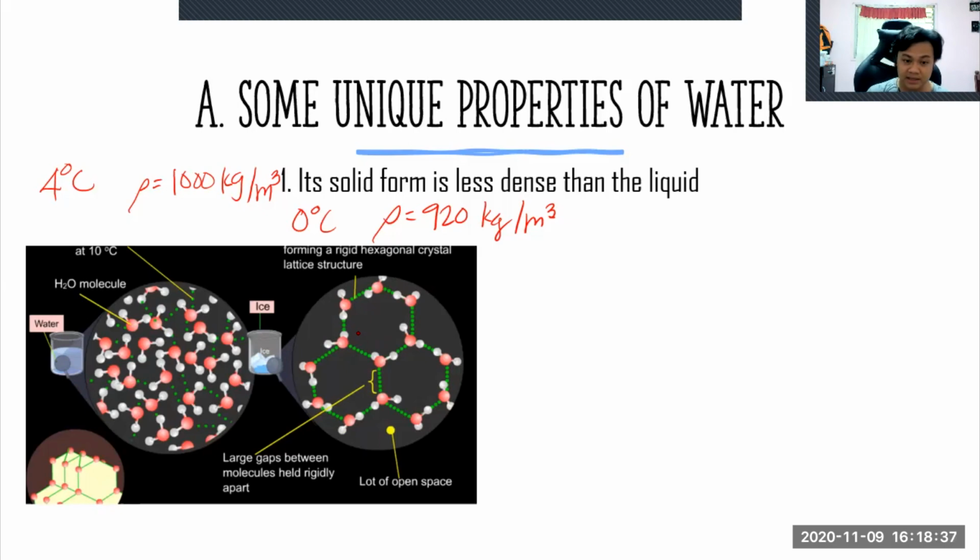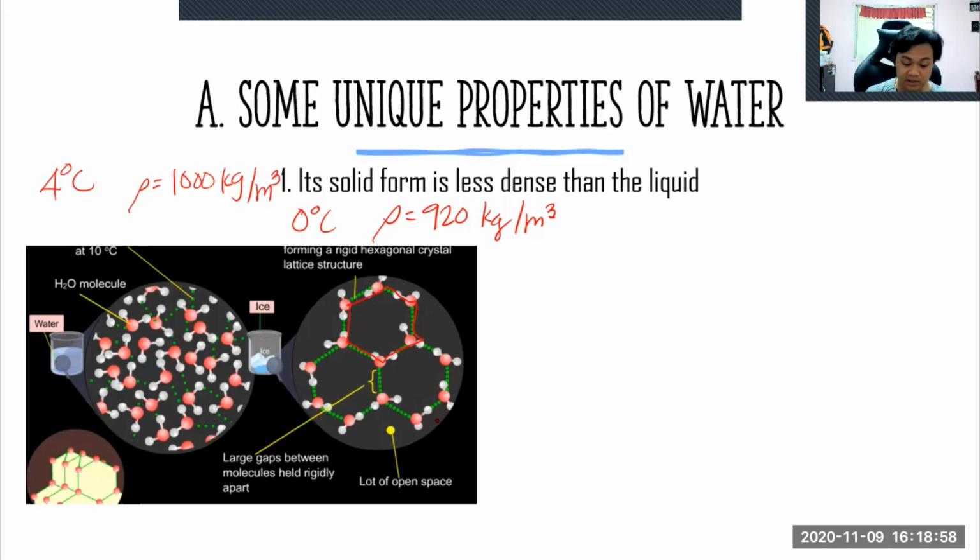Also, as you can see here, water expands as it freezes. Why? Because it takes on a more ordered arrangement. Not unlike the liquid one, it takes on a more arranged configuration. It forms four hydrogen bonds per molecule.